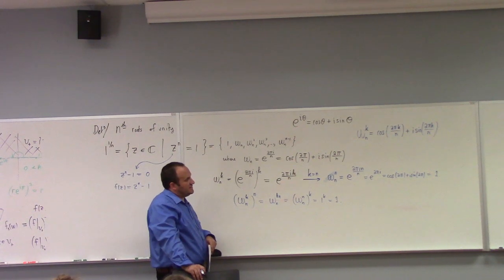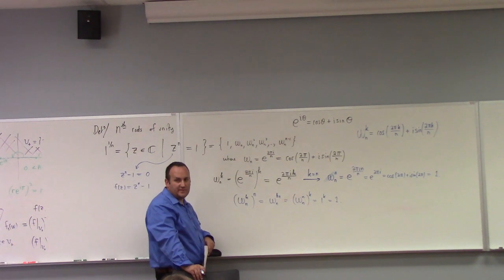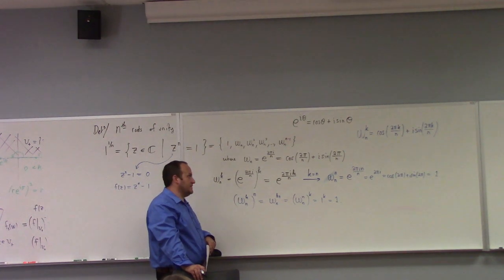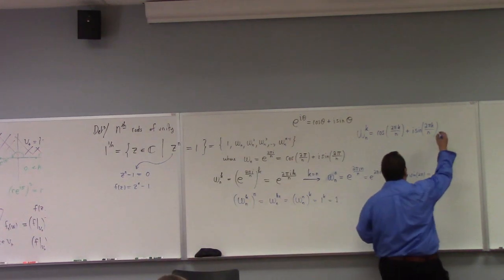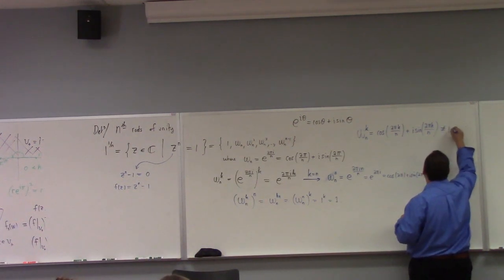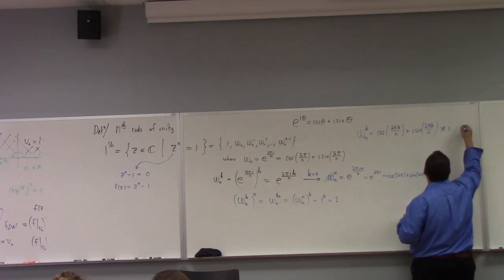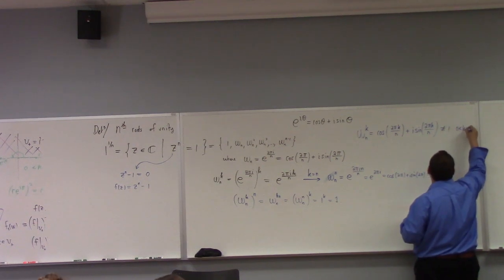Does that make sense to you guys? I think that makes sense. If k is less than n, then we're looking at cosine taking values that don't quite reach 2 pi and are between 0 and 2 pi. The only way cosine can be 1 is when it reaches 2 pi or it's at 0, right? So I think that's actually a reasonable claim. That's not equal to 1 for k less than n, 0 not included.